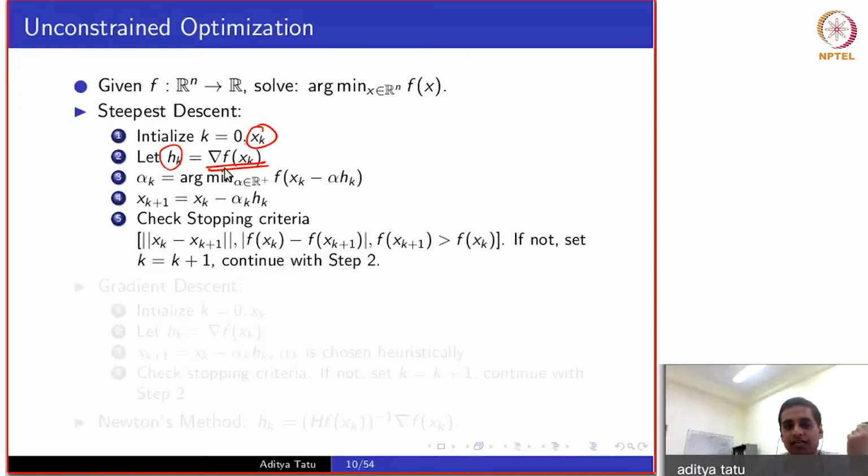I am going to look in exactly the opposite direction, which is why you have a negative sign over here. If I look in the exactly opposite direction to this hk, I'm likely to reduce the value of the function the most. So I'm fixing this direction, the negative of this direction, and then all I'm doing is searching, if I stick to this direction only, minus hk, how much should I go in this direction so as to minimize the function.